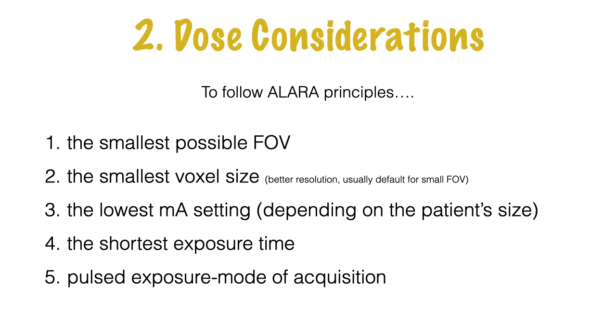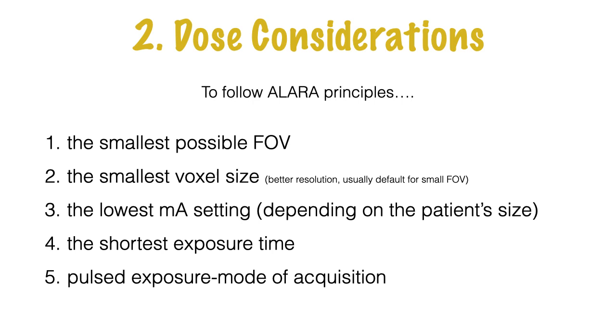less radiation. The smallest voxel size is the best because we want to capture enough detail to be able to identify the things that we want to identify on a CBCT scan.